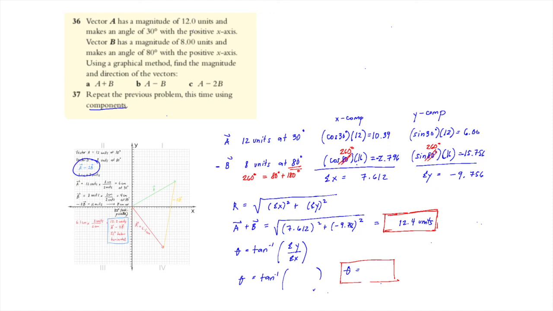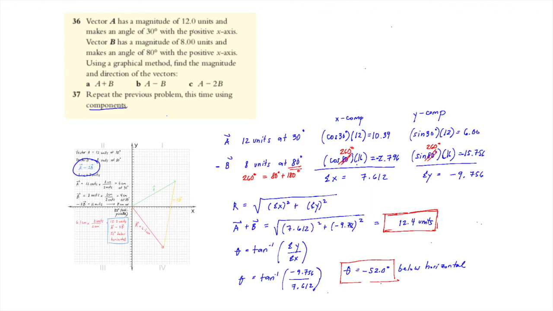And how about now for the angle? That is negative 9.756 and then 7.612, and that is around negative, the arctan of that, if you press that in your calculator, that would be negative 52 degrees below horizontal.